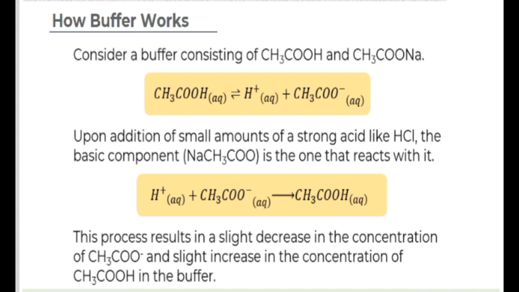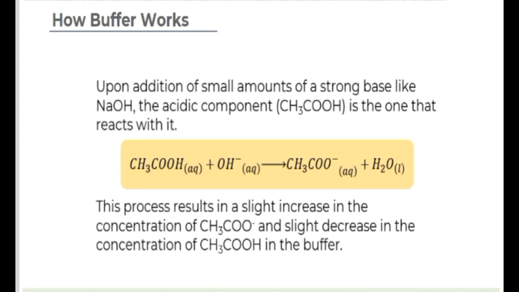The hydrogen ion from hydrochloric acid is taken up by acetate ion to produce acetic acid. This process results in a slight decrease in the concentration of acetate ion and slight increase in the concentration of acetic acid in the buffer.